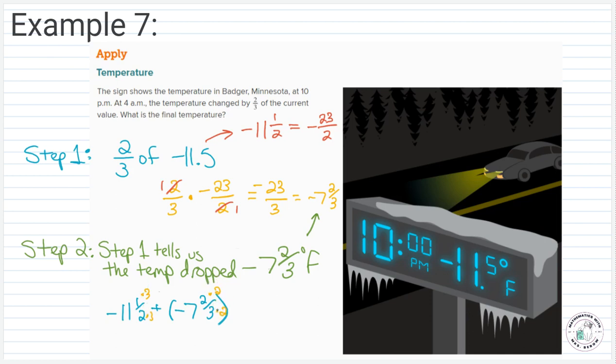And so you'll have negative 11 and then 3/6 plus negative 7 and 4/6. And then this is going to end up being negative 18 and 7 over 6, which we will rewrite as negative 19, and then 1/6, and then degrees Fahrenheit would be my final label on that one.